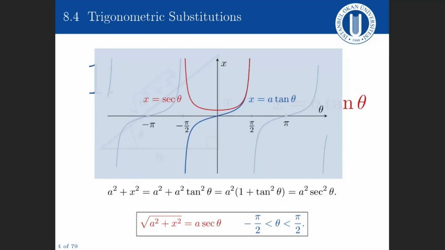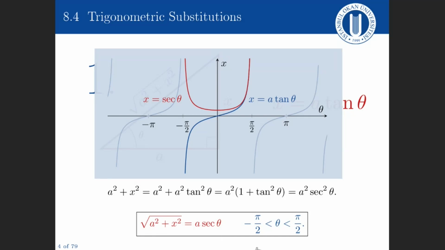So we don't need to worry about absolute value signs when we do our square root. We could write that the square root of a squared plus x squared is the same as a sec theta. And this is the substitution we're going to be using. If we see something like square root of a squared plus x squared in an integral, we're going to replace that with a sec theta.